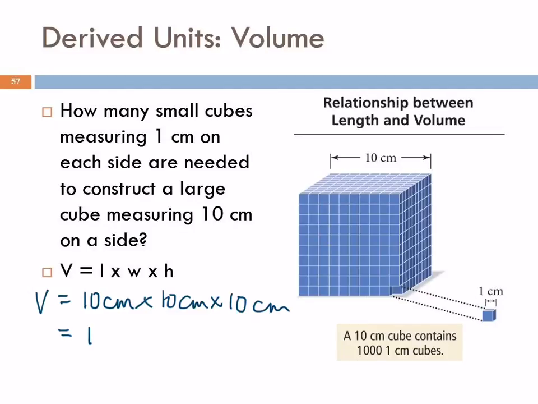So that's going to equal 1,000 centimeters cubed. And if you look at these individual little cubes inside the big cube, if you count them up, there's 1,000 of them. Each of these little ones is 1 cubic centimeter, and together 1,000 of them make up 1,000 cubic centimeters.